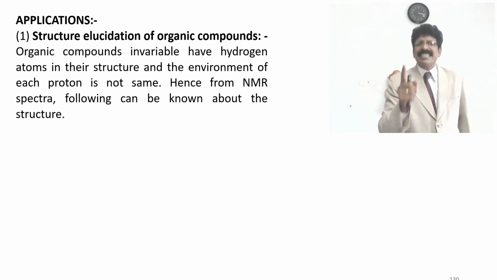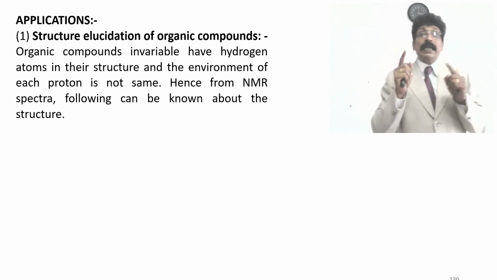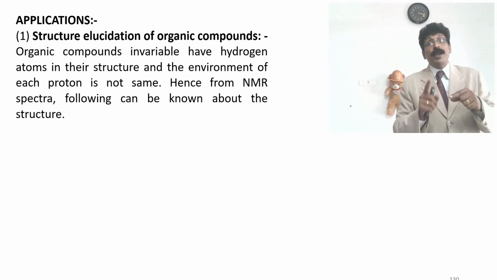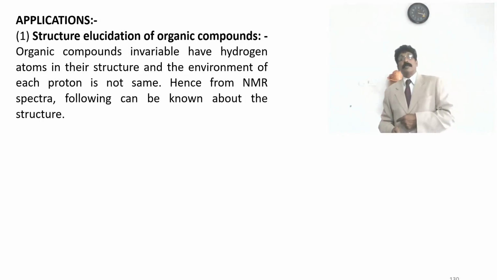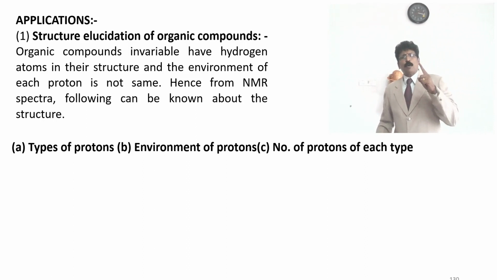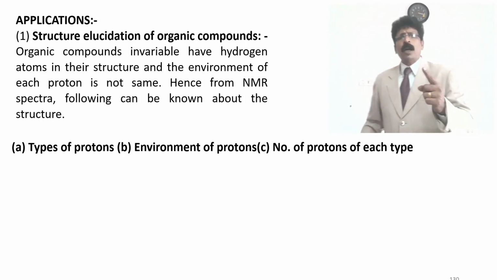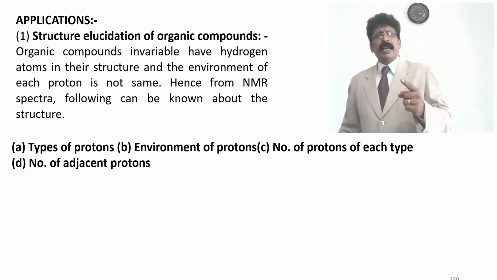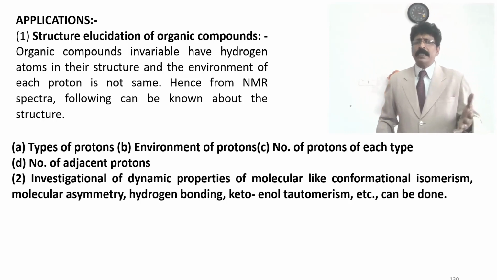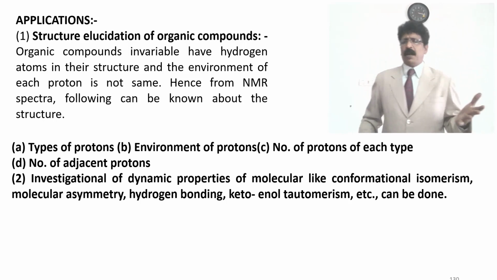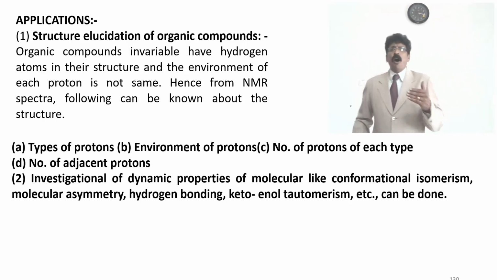Hence, from the NMR, nuclear magnetic resonance spectra, the following can be known about the structure: types of proton, environment of the proton, number of protons in each type, number of adjacent protons. It can be found out whether it is a methyl group or aromatic or aliphatic, open chain or with a double bond or a triple bond. All these proton types can be identified.